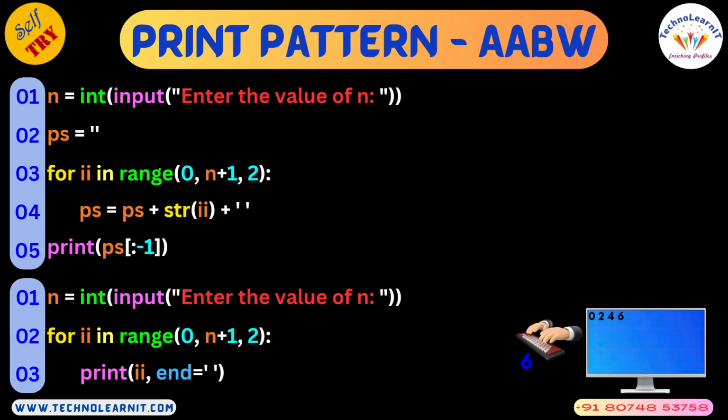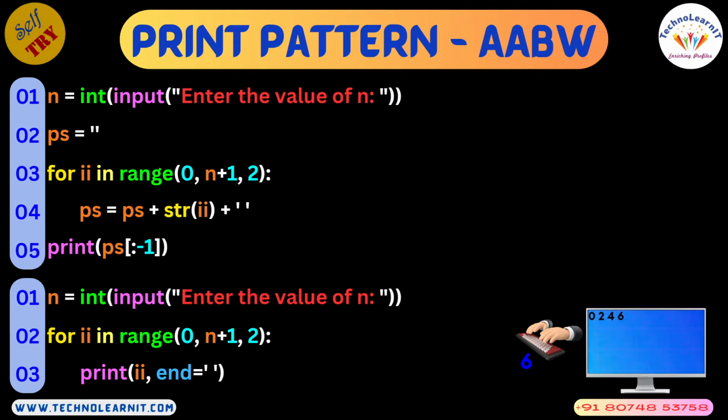Very clear? So all that you need to focus upon is what is the start value, what is the end value, and what is the step. Also, is it a decrementing trend or incrementing trend? Once you know all these, automatically you should be in a position to write the range function.